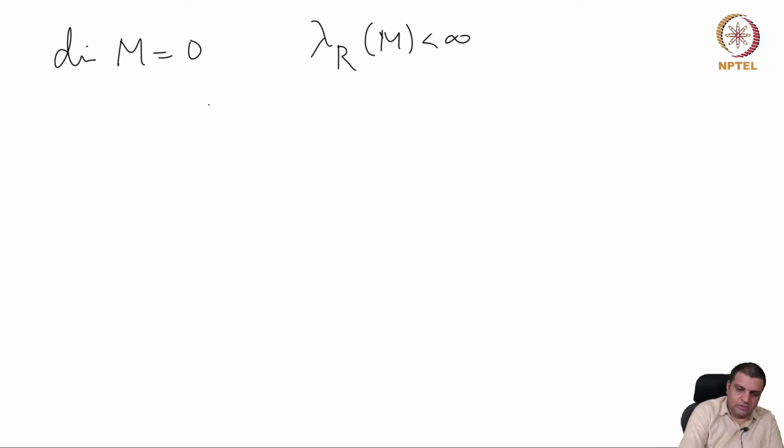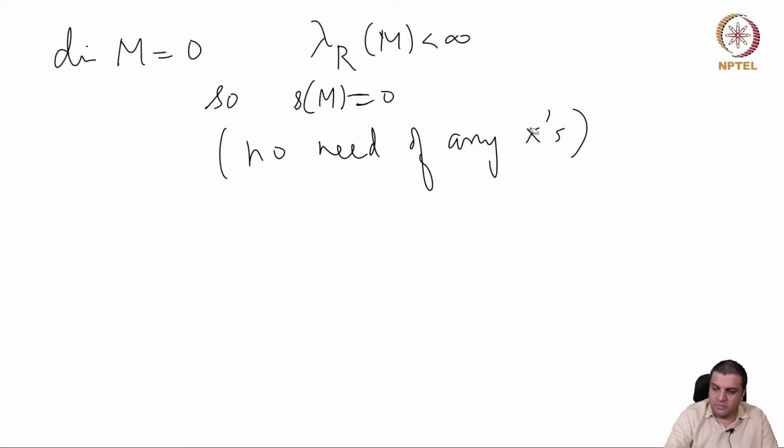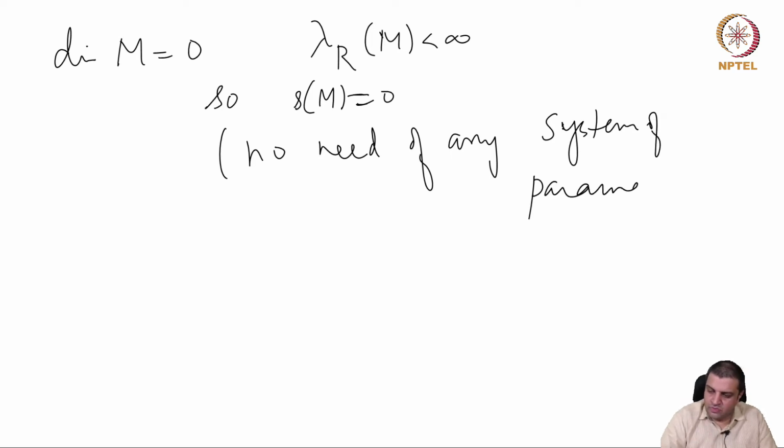So s(M) is 0. In other words, we don't need any x's to make it so that the quotient is finite length. No need of any system of parameters. It's already finite length.